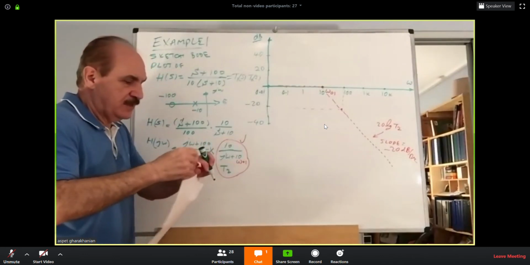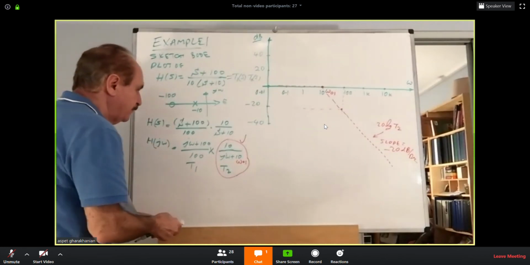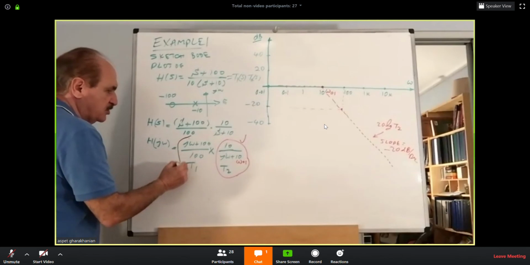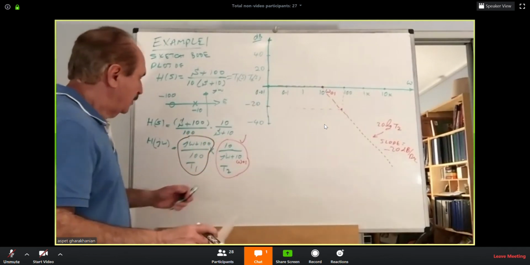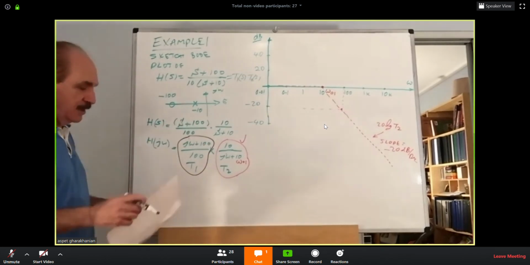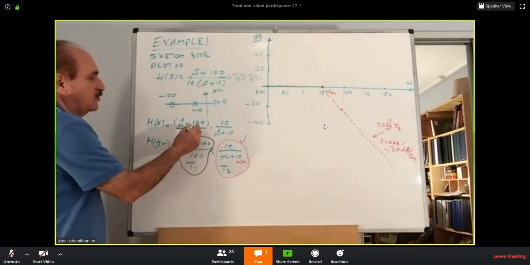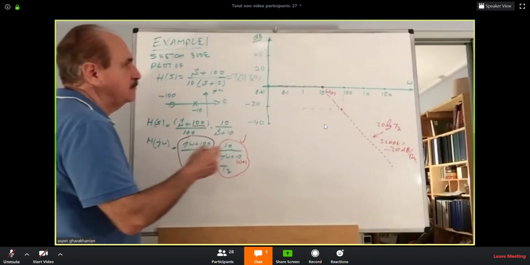Step 4. Next, let us create T1. So we are focusing on this chunk here. It's a 0 because S is in the numerator. Location of the 0 is at 100. Go find it.